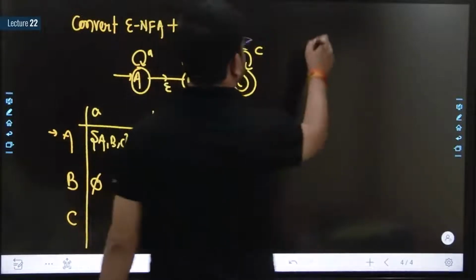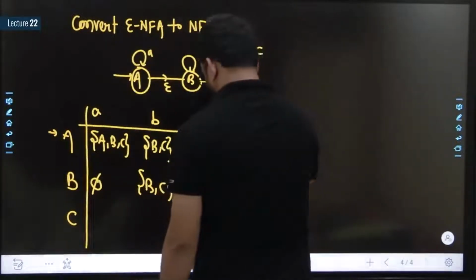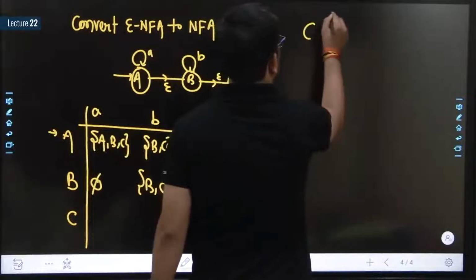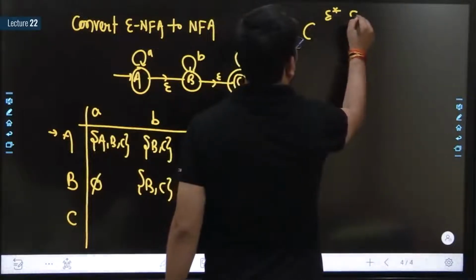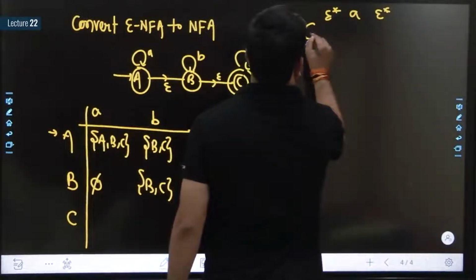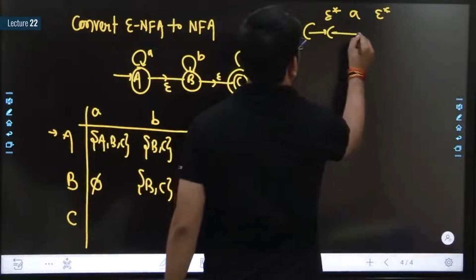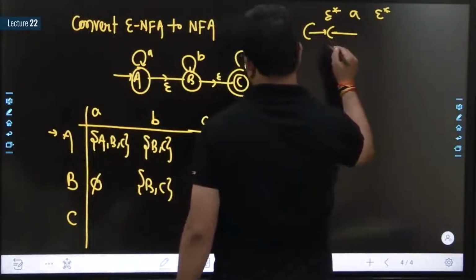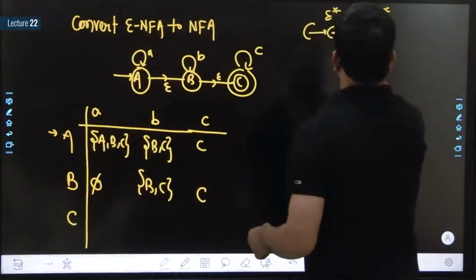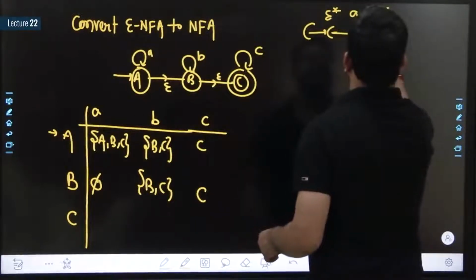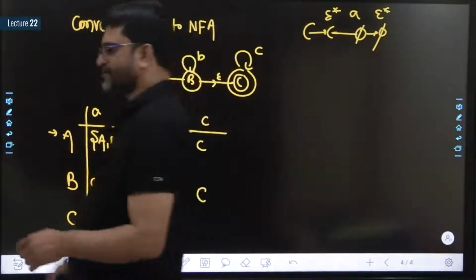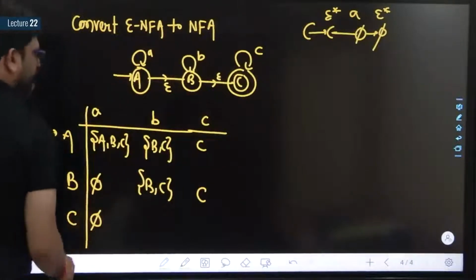C on A. C, epsilon closure, A, epsilon closure. Epsilon closure of C. C on A, phi. Epsilon closure of phi. So C on A is phi.